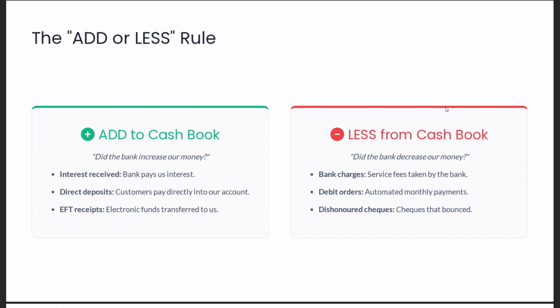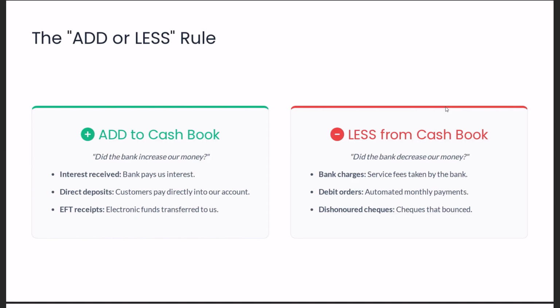Now, a question that you would ask yourself is, what is it that I need to add? In this case, in the bank statement, you have to look at the money that the business received and that led to the banking balance increasing.